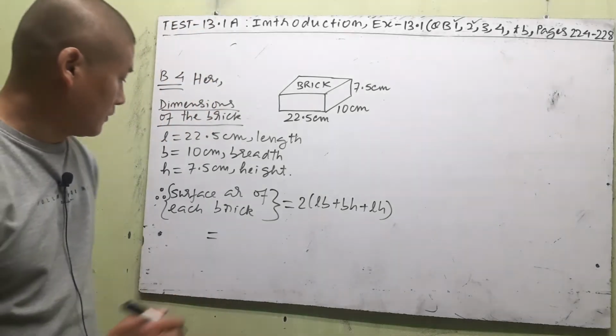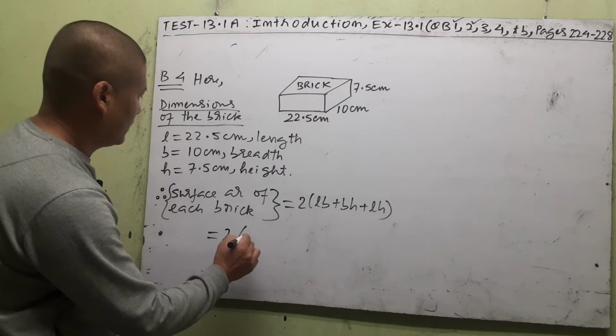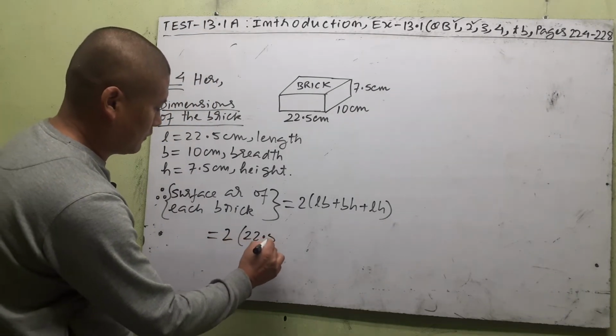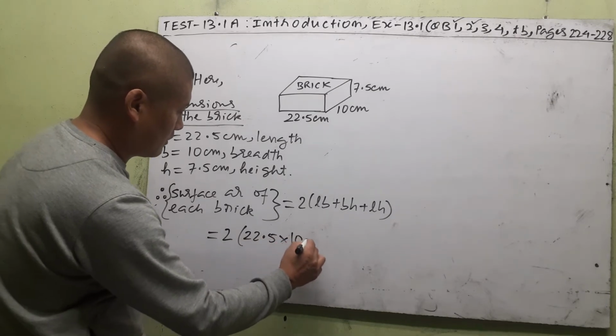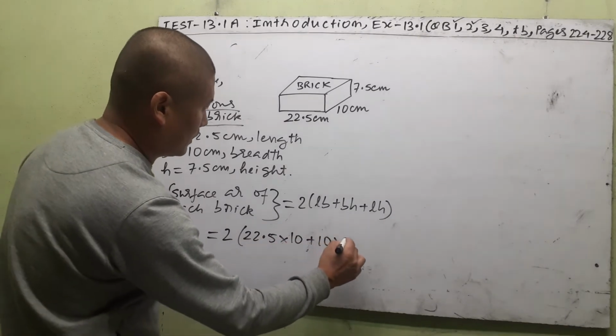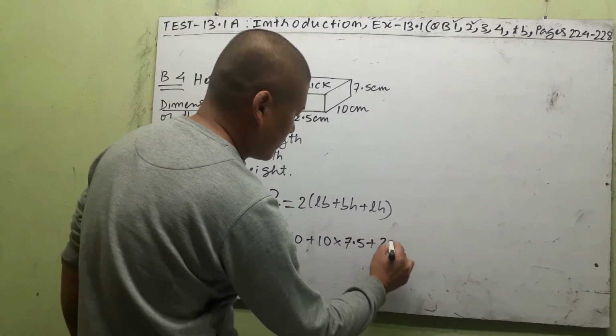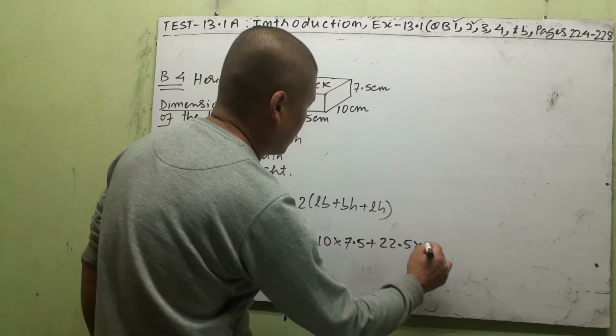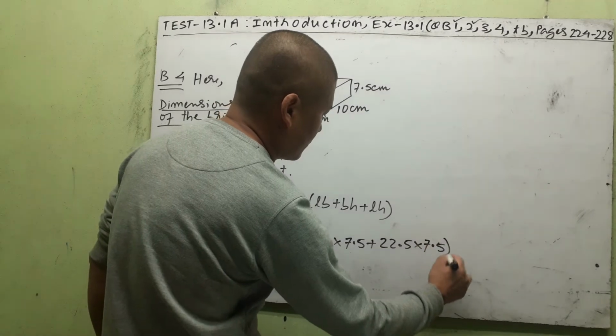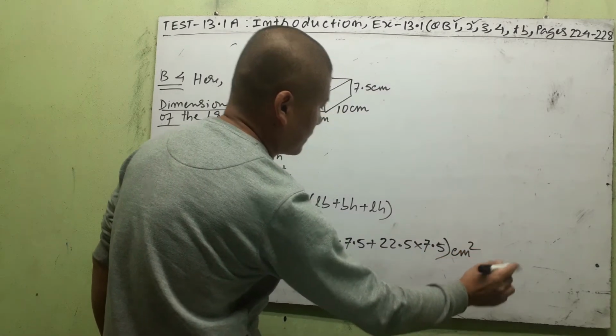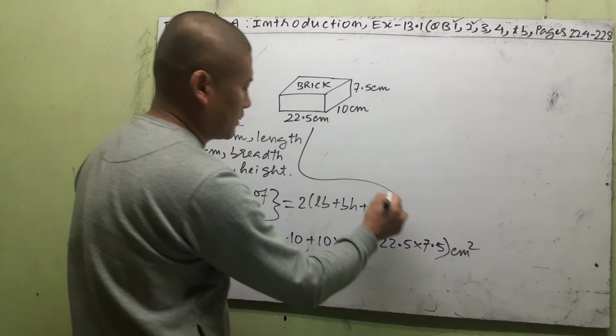So 2 into L is 22.5 into B is 10 plus B is 10 into H is 7.5 plus L is 22.5 into H is 7.5, and area means centimeter square at the back.